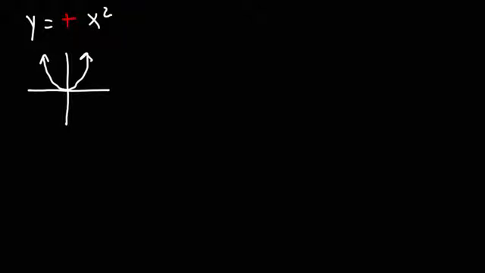So now let's put everything together. Let's start with the even functions. So y equals positive x squared. What you need to know is that the end behavior is up, up. Now the same is true for y equals positive x to the fourth.